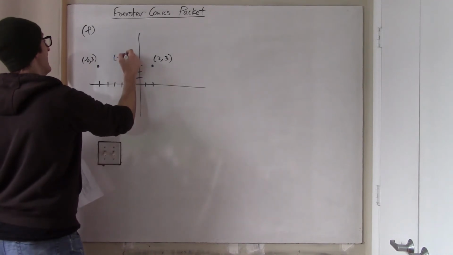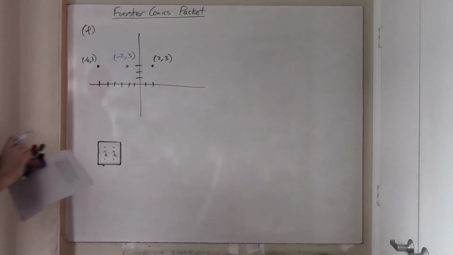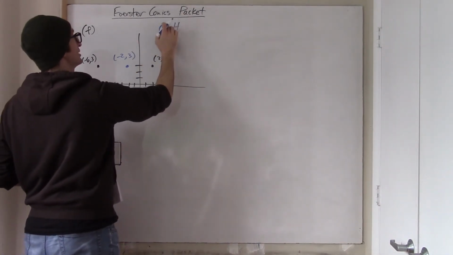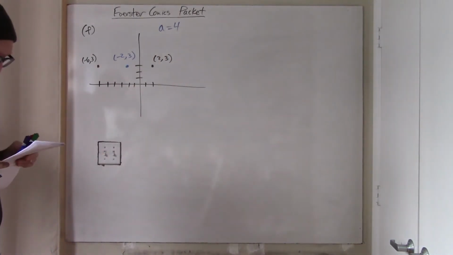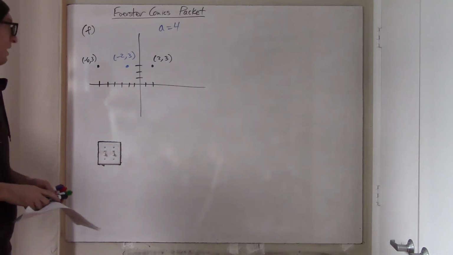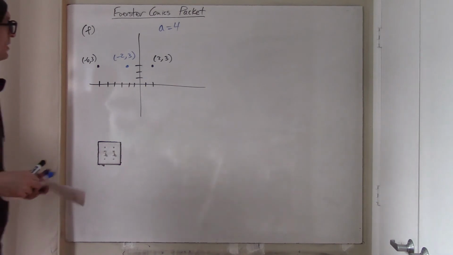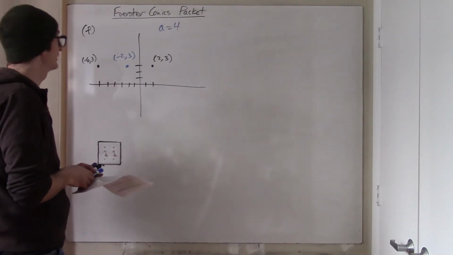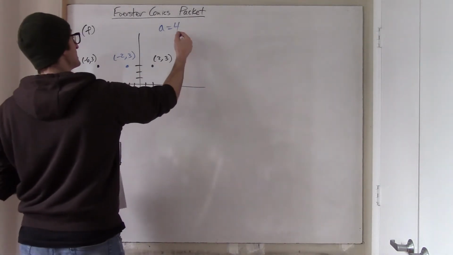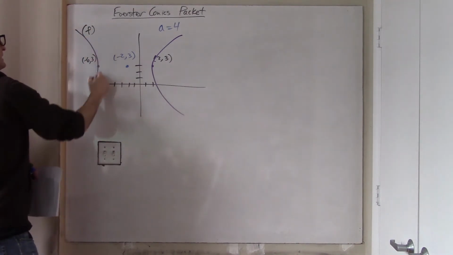So I already have the center, and I also already know that a is 4, the distance from the center to a vertex. The latus rectum is 10 units long. Oh, also it's a hyperbola. I don't know exactly what this hyperbola looks like, but I do know it's going to be like this.